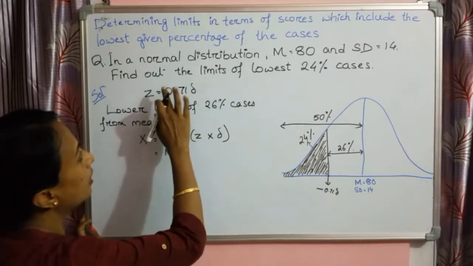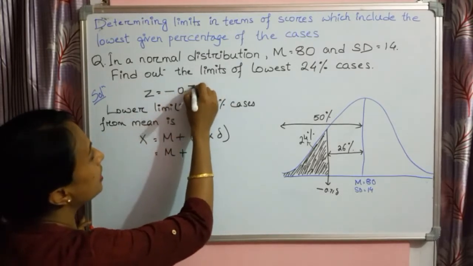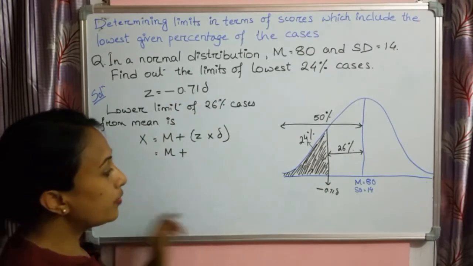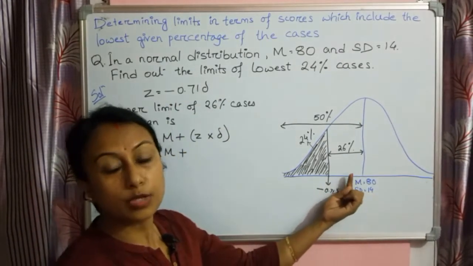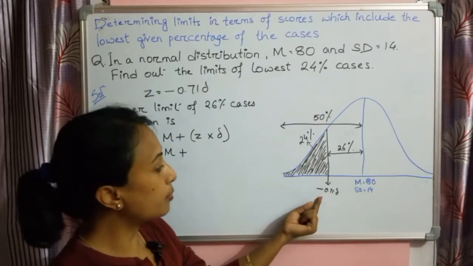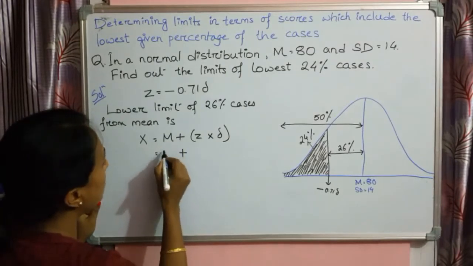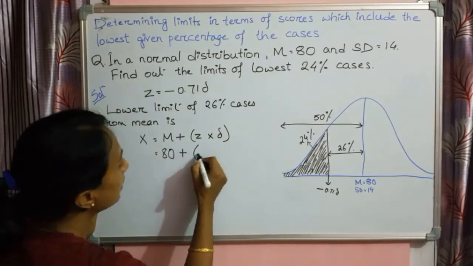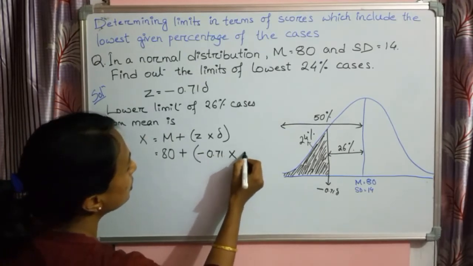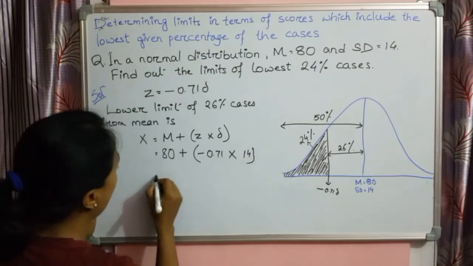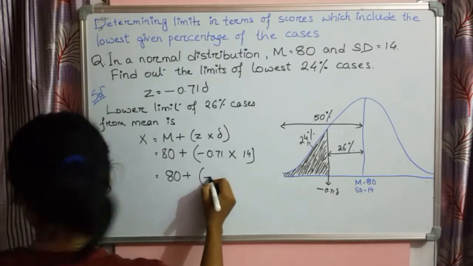This is minus 0.71 standard deviation. Why have we put this minus? Because the Z score is lying to the left of the mean. So mean is 80 plus minus 0.71 into standard deviation, which is 14.